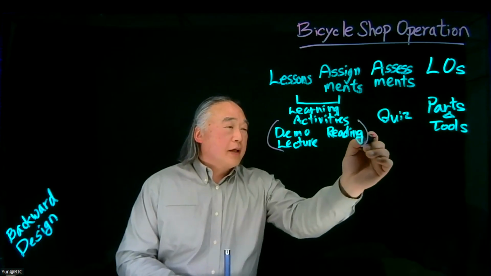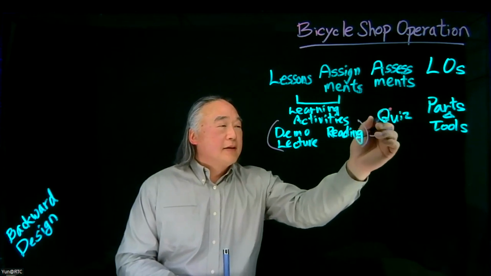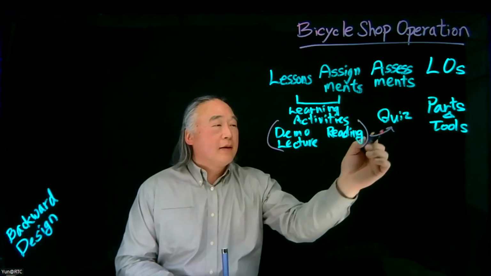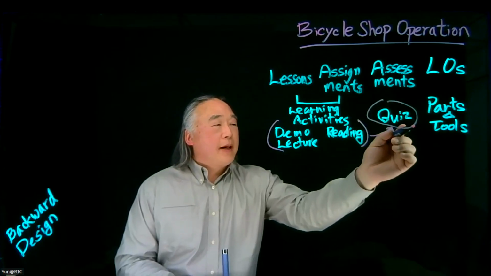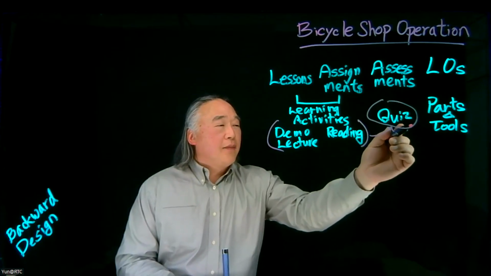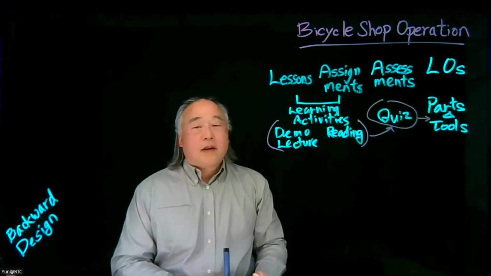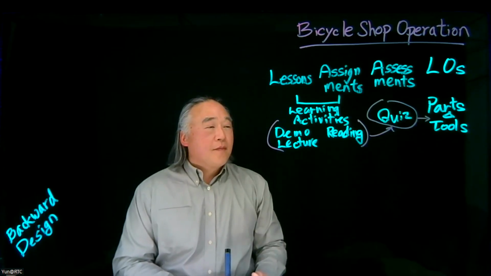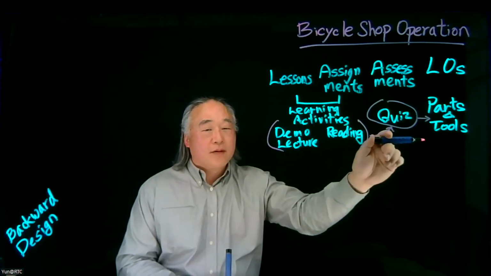So the students will take the quiz, and then I can assess the students' learning based on these assessments, and then make sure that the quiz is aligned with learning outcomes. So it's in a way back and forth.